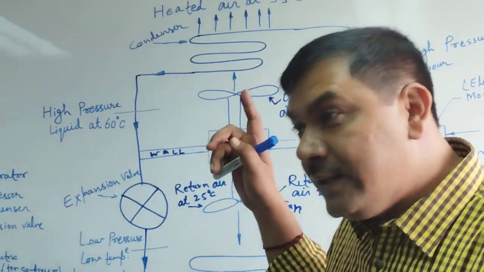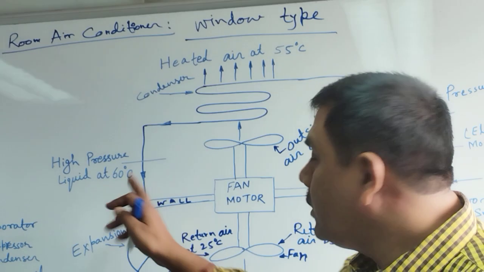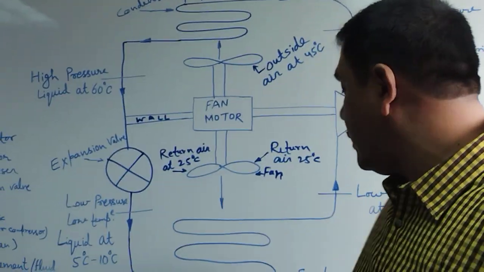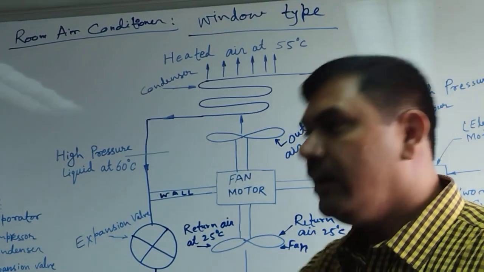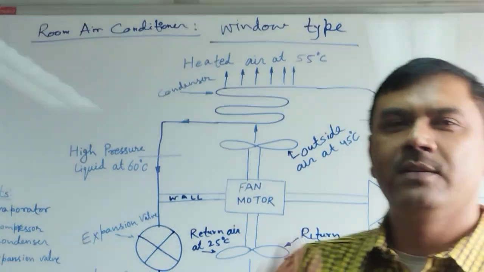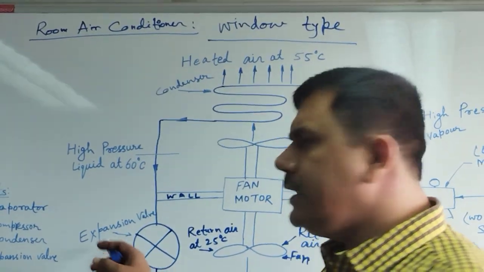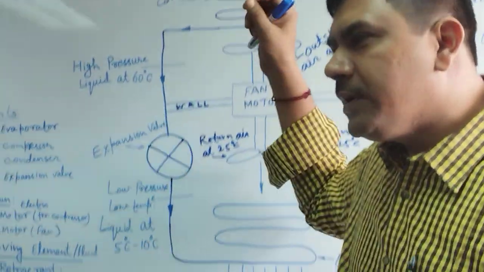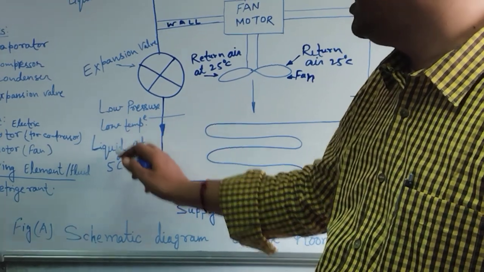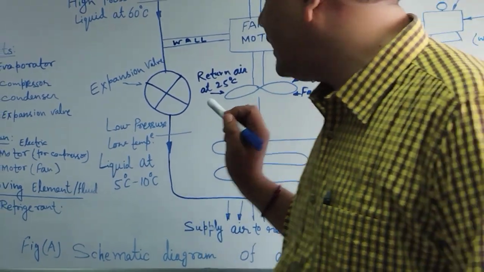So the fluid must come in contact with the evaporator at less than our room temperature. Therefore, the pressure is extremely reduced, very low, and the temperature is 5 to 10 degrees Celsius.